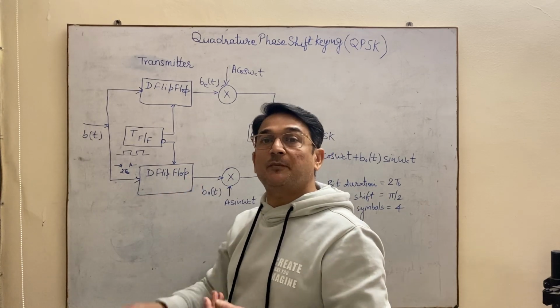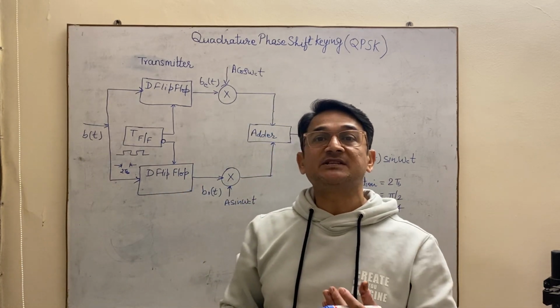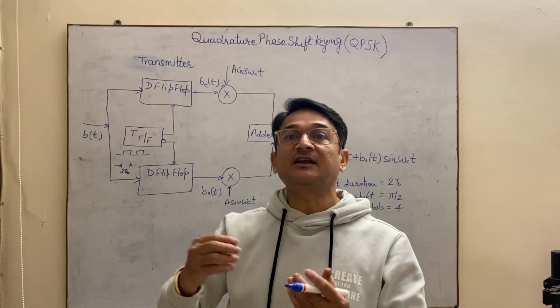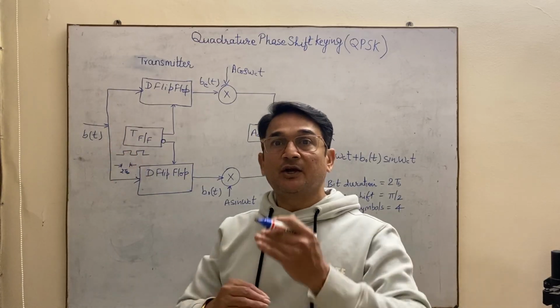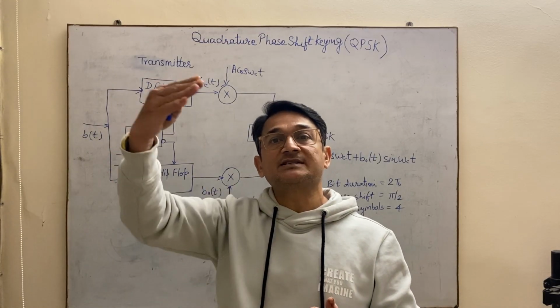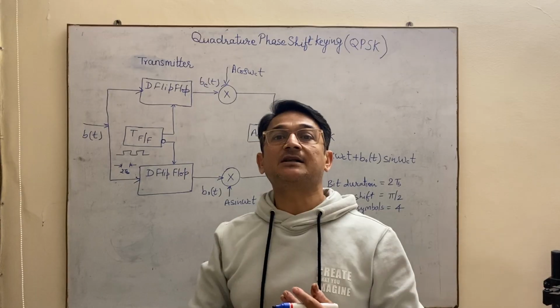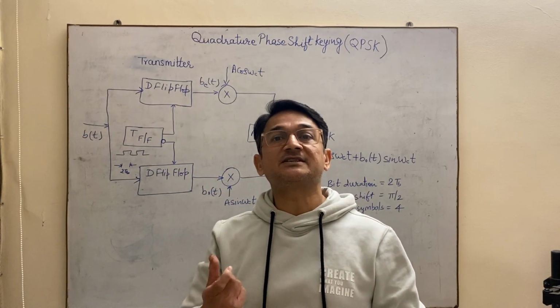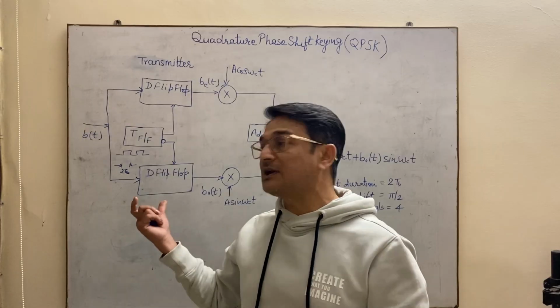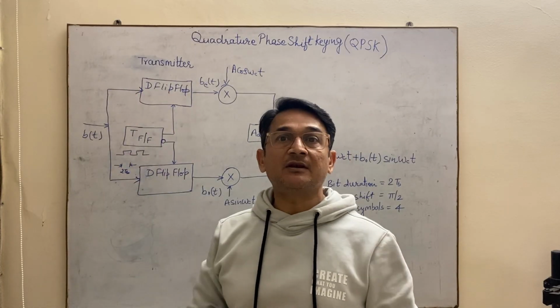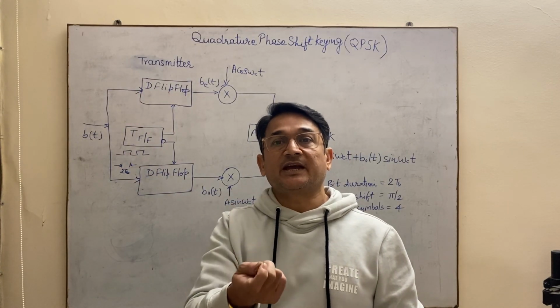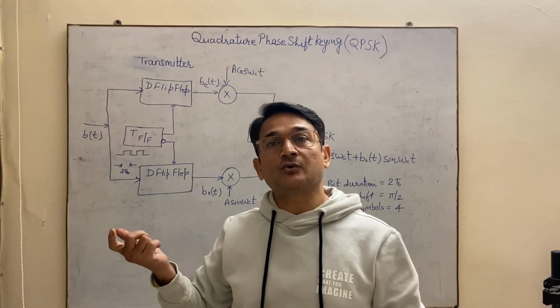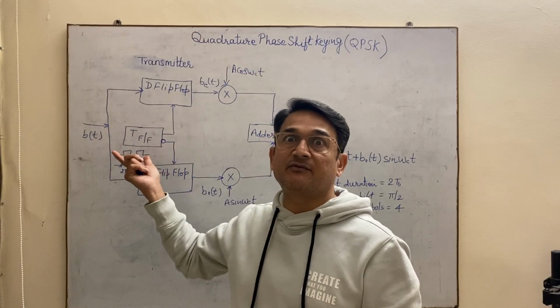So what are we basically doing? We are bisecting our bit stream into two halves. One is called the even half, another is called the odd half. In the odd half, the first, third, fifth, seventh bits and so on will come, and in the even half, the second bit, fourth bit, sixth bit and so on will be stored in the second D flip-flop.